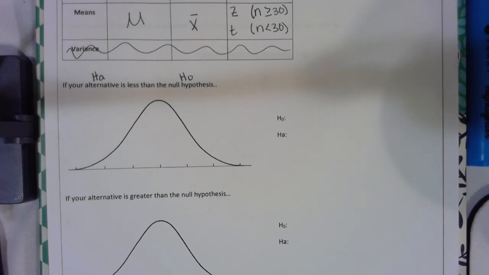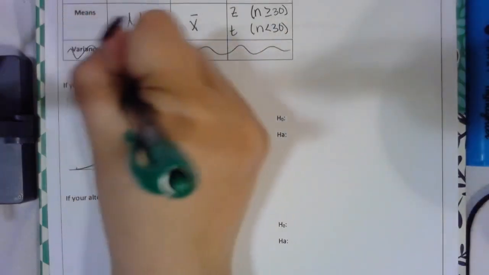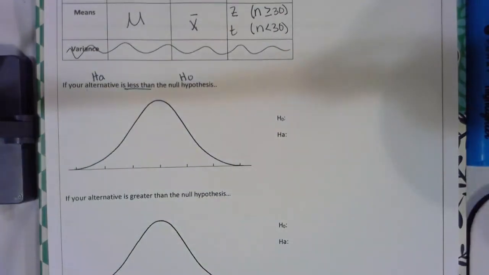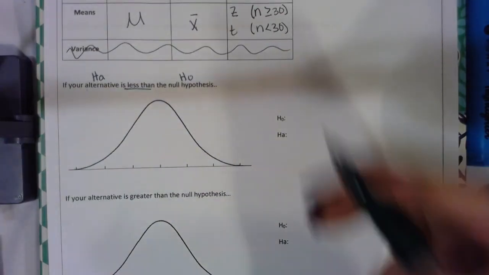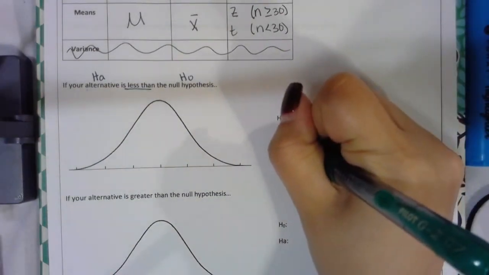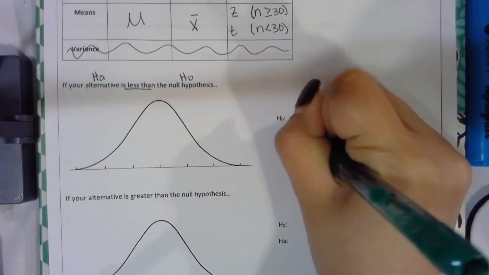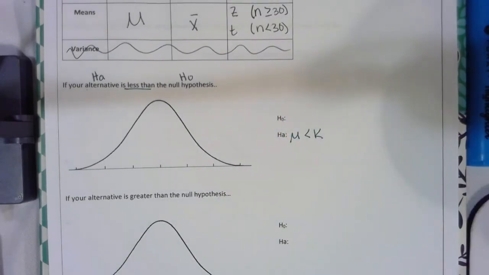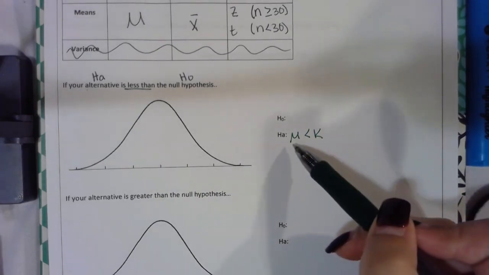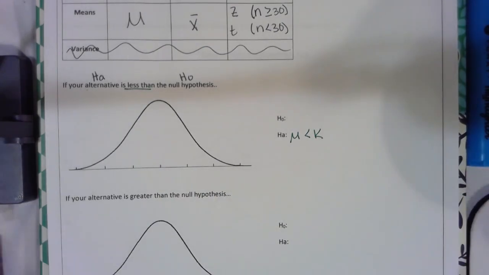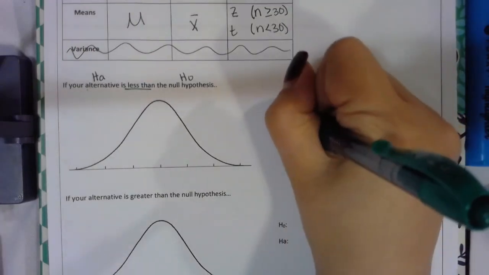So if our alternative, HA, we're looking at less than, we're going to say that our mean is less than the null hypothesis value, which we're going to just do like that.